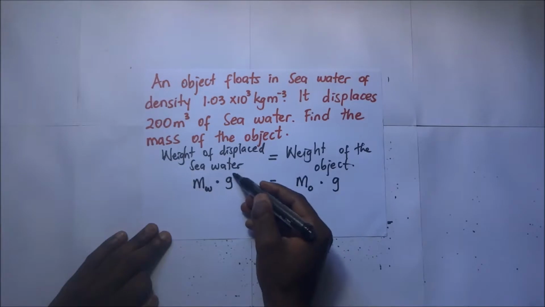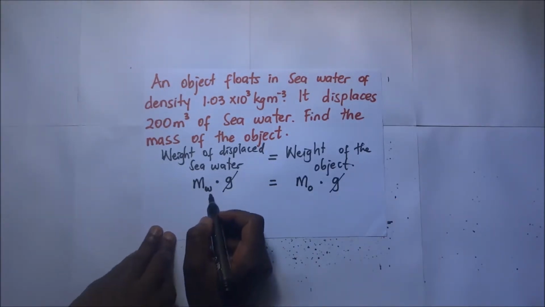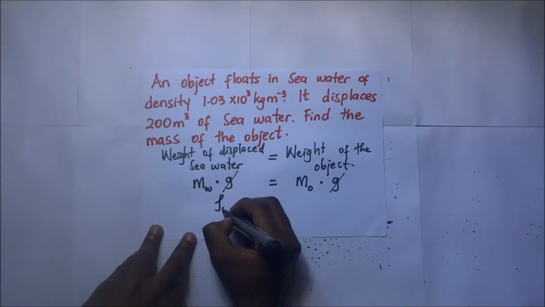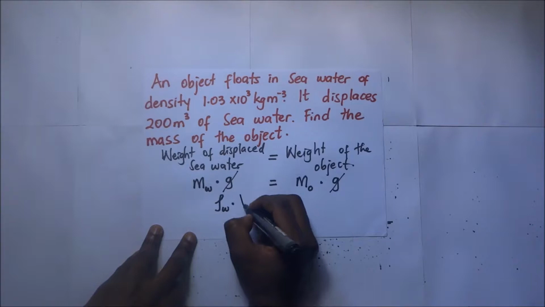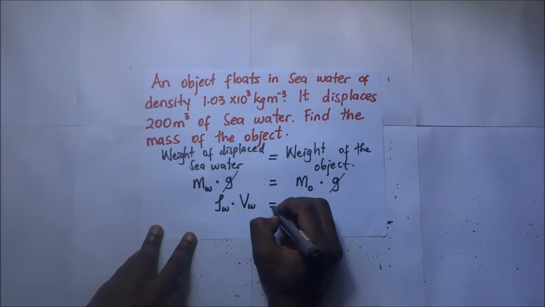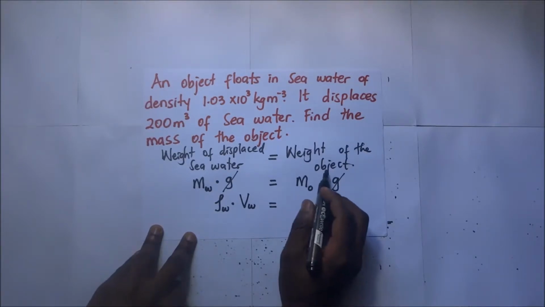From here you see that the gravity and the gravity will cancel out. We have the mass of the water, and the mass of water is given by the density of water multiplied by the volume of that displaced water, which is going to be equal to the mass of the object.